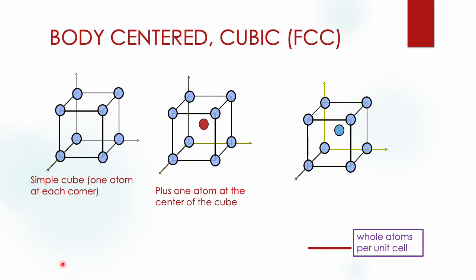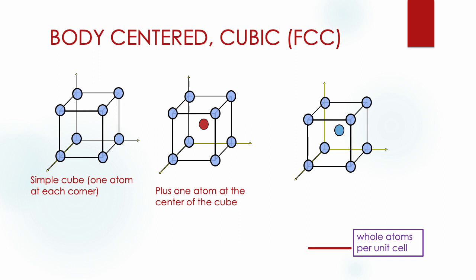A few things to note. We're going to be calculating density in a bit, and that density would be a function of the mass, and the mass would be a function of how many atoms there are in one of these cells.